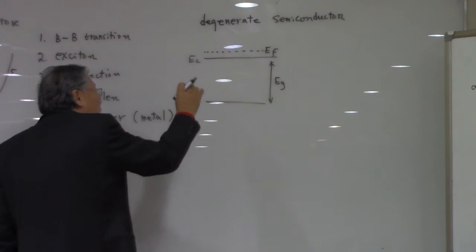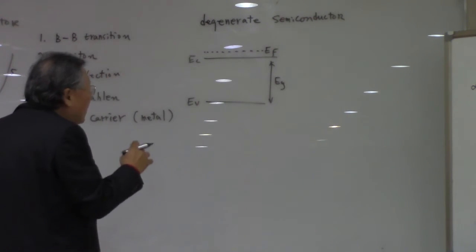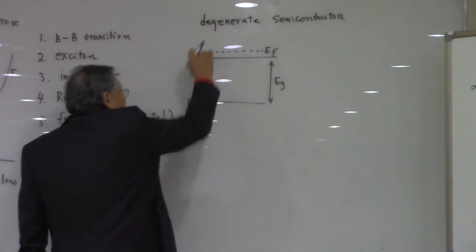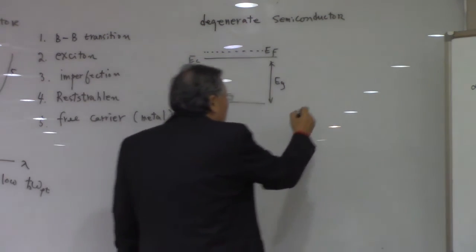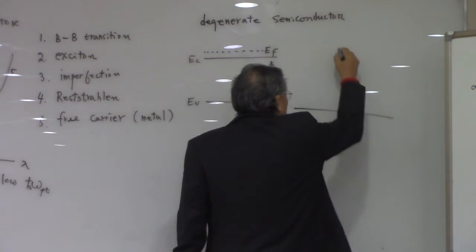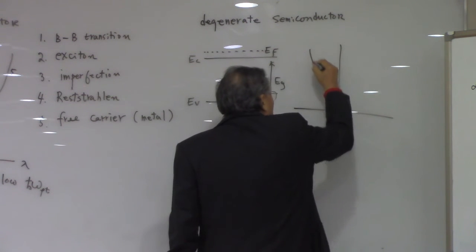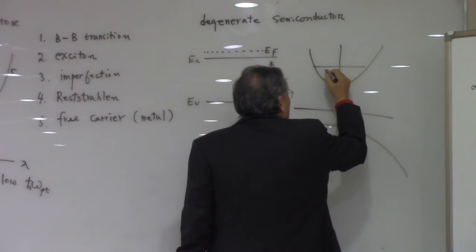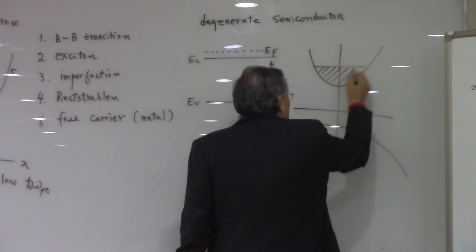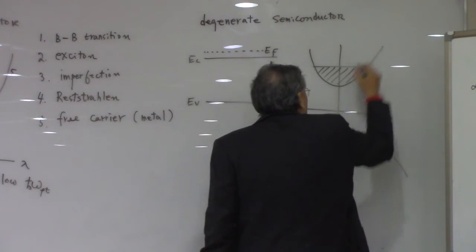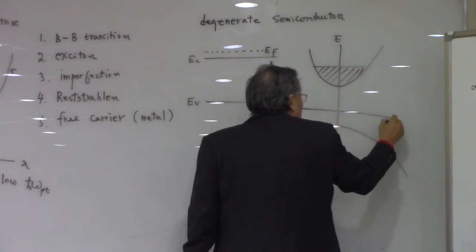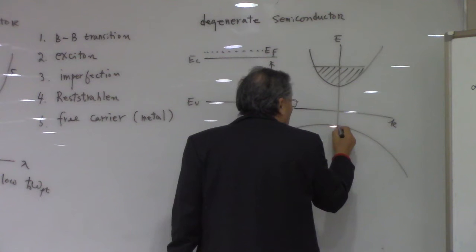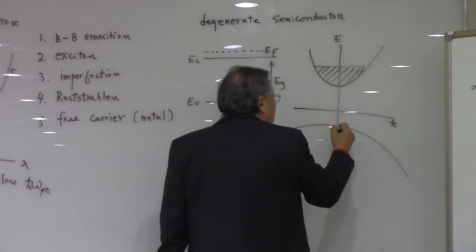But if the semiconductor is degenerate, it means that the Fermi energy lies above the conduction band, and if you draw this in the EK diagram, it means that the electron is partially filled on the conduction band. So in this case, we have two ways for the electrons to be excited.